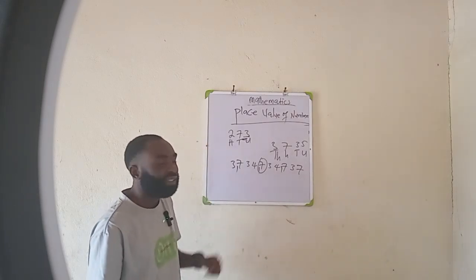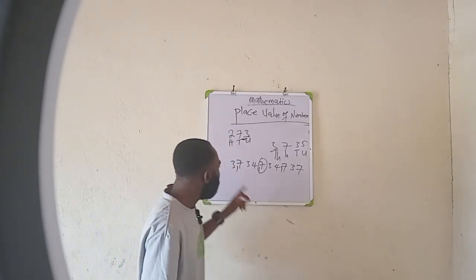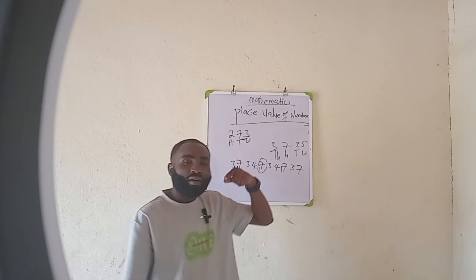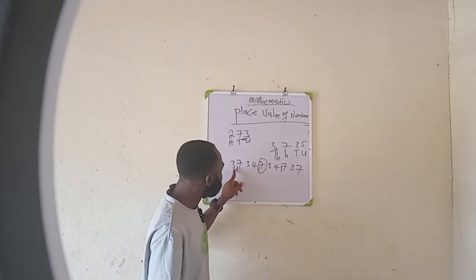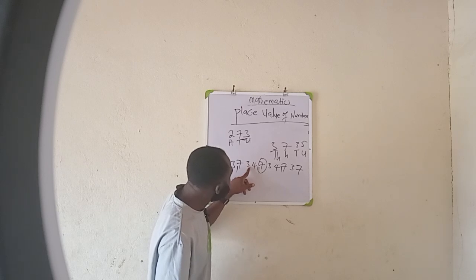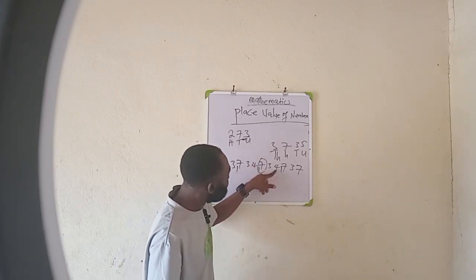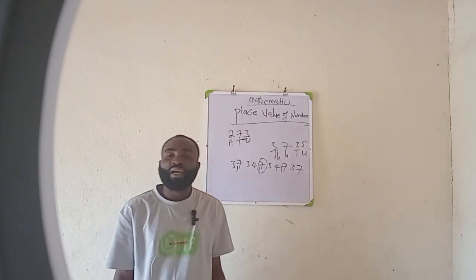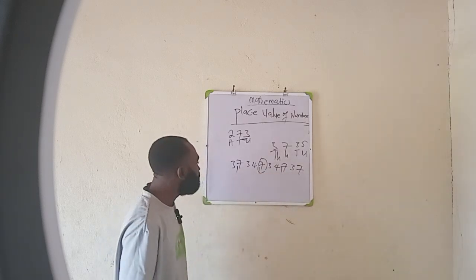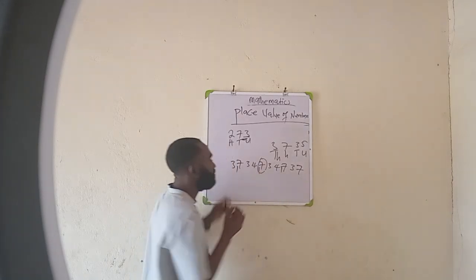The number is billion. It's no longer million, because million ends at 9. So anything above 9 is billion. So this is 3,734,734,737. Very simple. So for you to know the position of this number here, it is thousand.